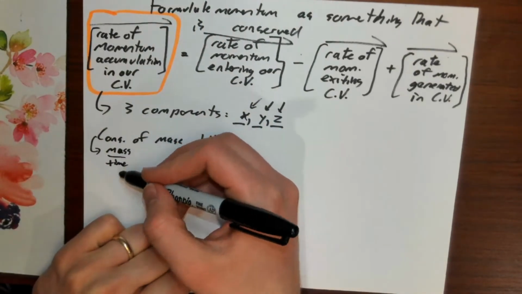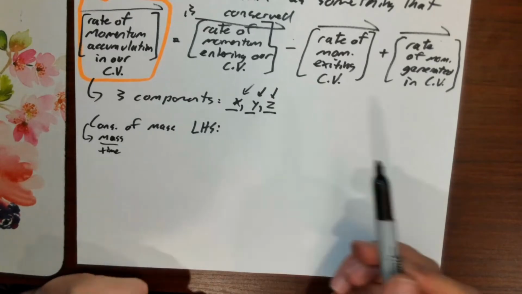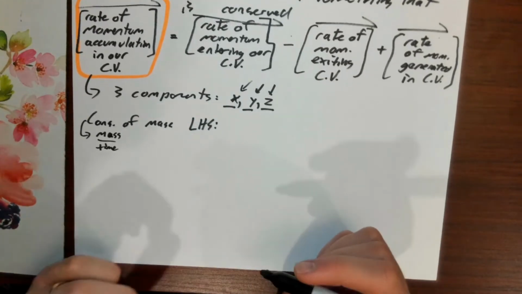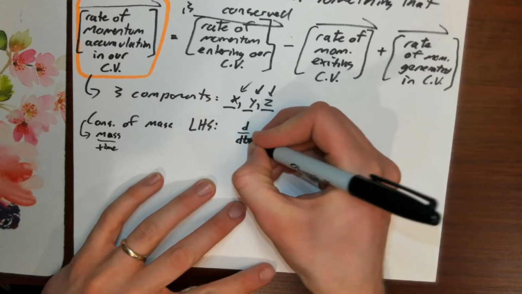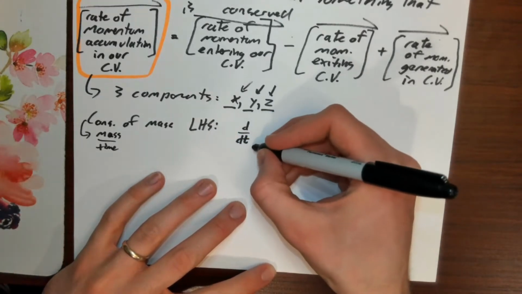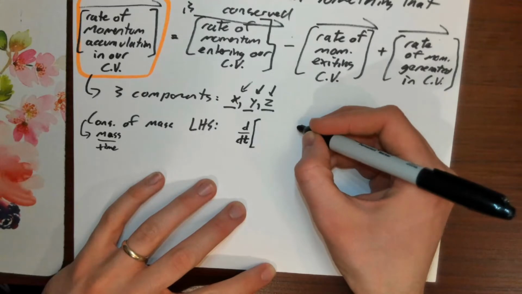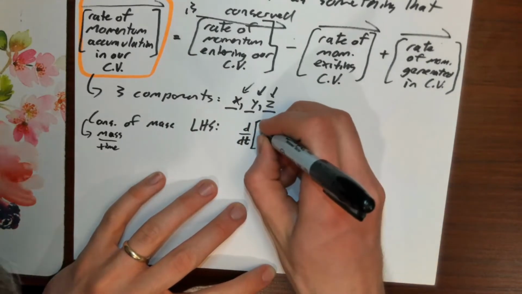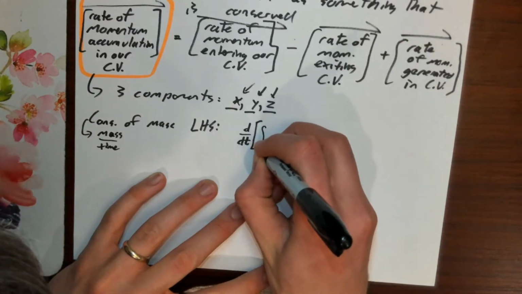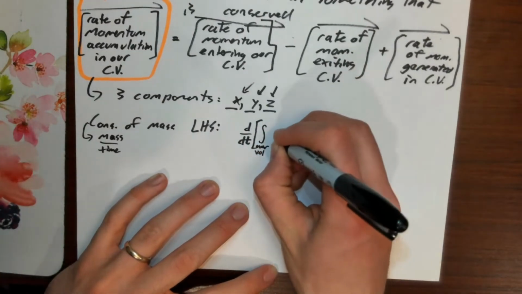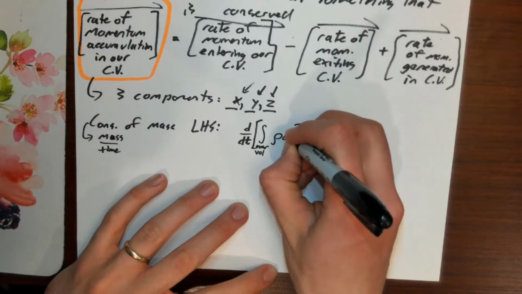It was kilograms per second for all the terms that conservation of mass had. So the left-hand side was a time derivative. It was the time rate of change of mass in the control volume. And the way we formulated mass was as an integral over the control volume of rho dV.